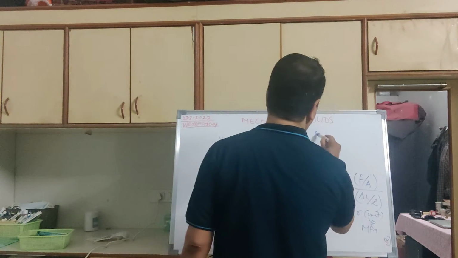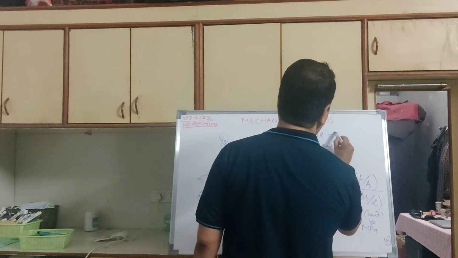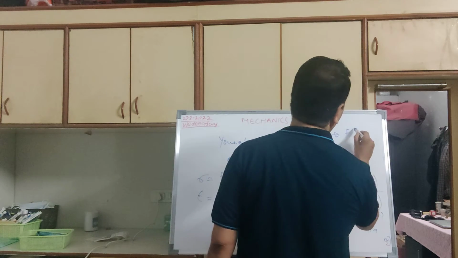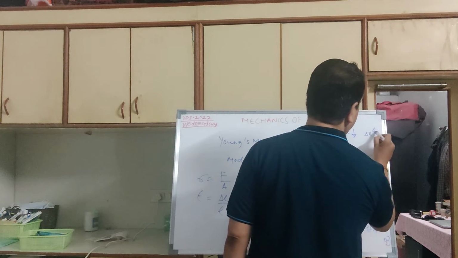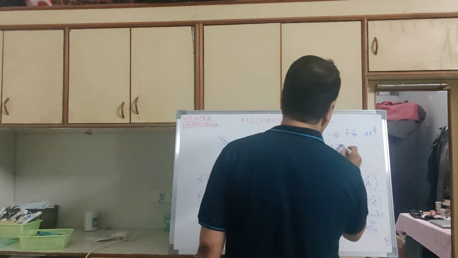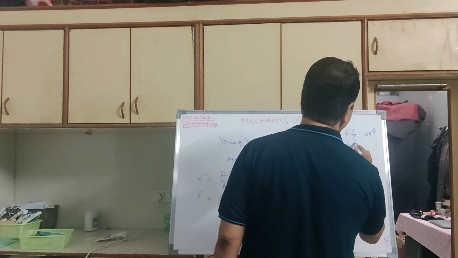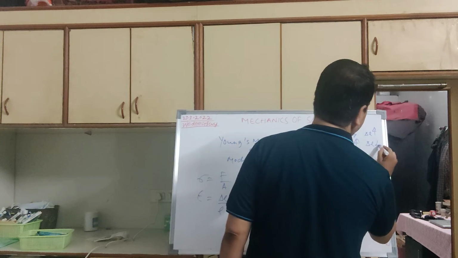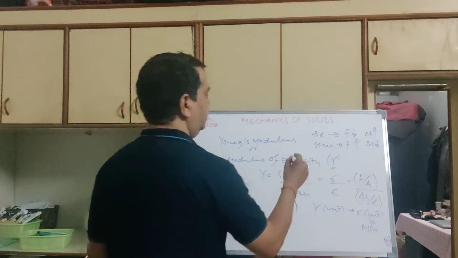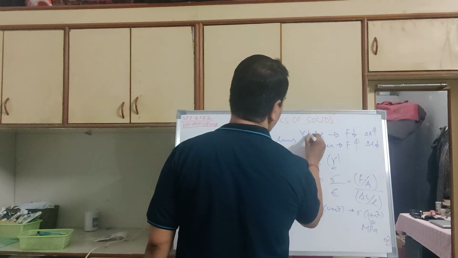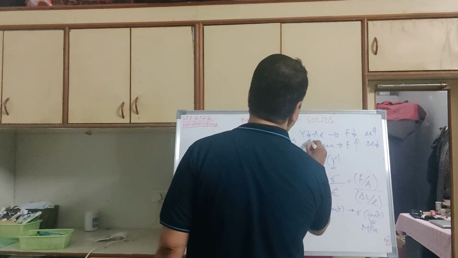If you compare aluminium with steel, for aluminium with less force you can get more deformation, while for steel with more force you will get less deformation. So if the numerator is less and the denominator is high, your Young's modulus will be low.